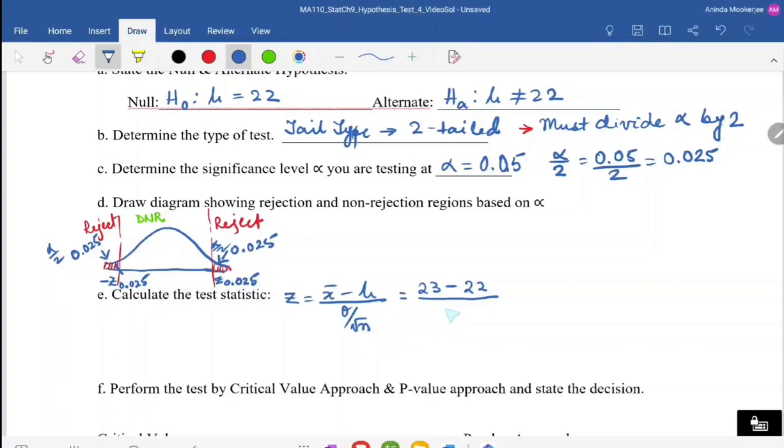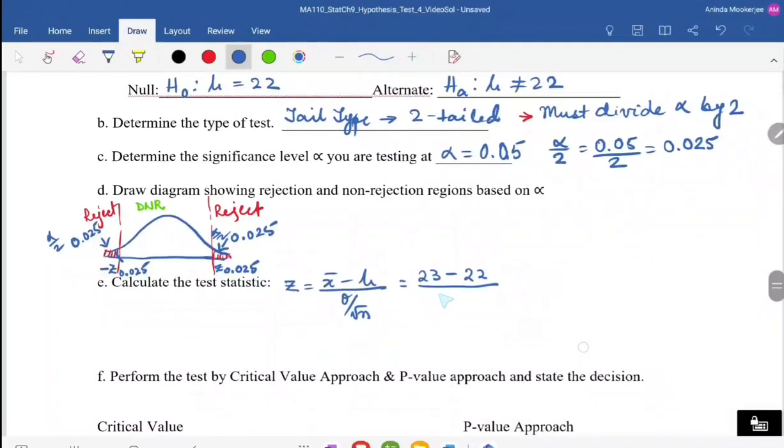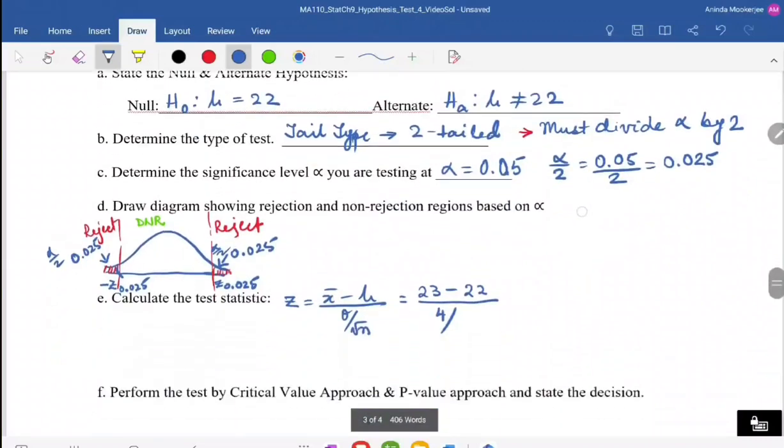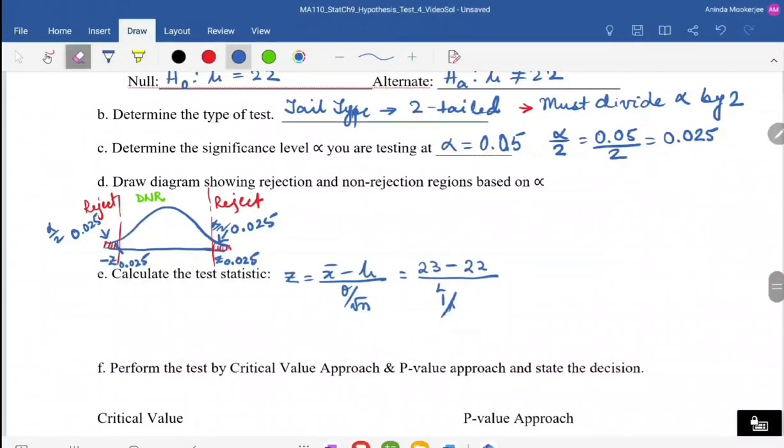divided by sigma. What is sigma? Is it still 4? Yes, 4 divided by square root over 24. So n this time is 24. So we would have a value of 1 divided by 4 over square root over 24, which is 1 divided by 0.816, which is equal to 1.225.